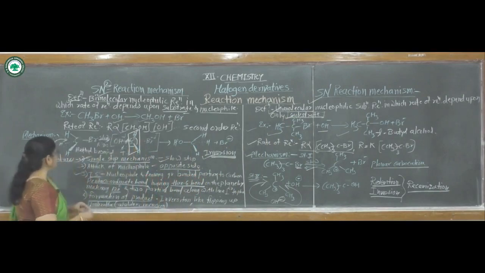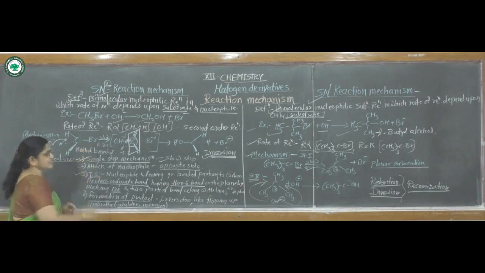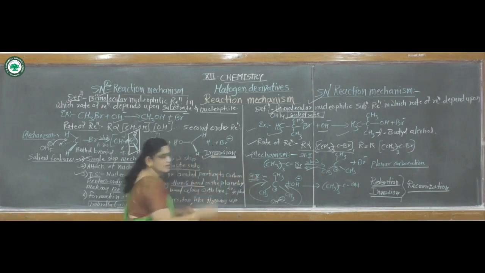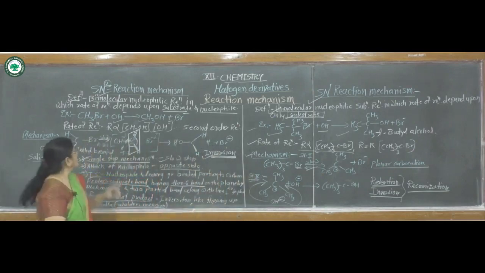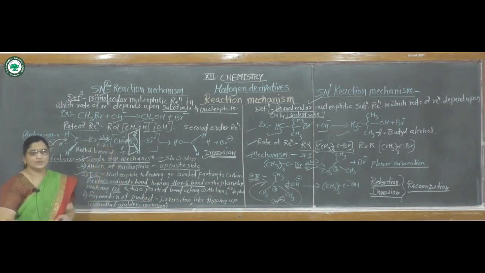The next is the mechanism. The SN2 reaction is a single step reaction, and the SN1 reaction mechanism is a two-step reaction. SN2 is single step and SN1 is two-step.